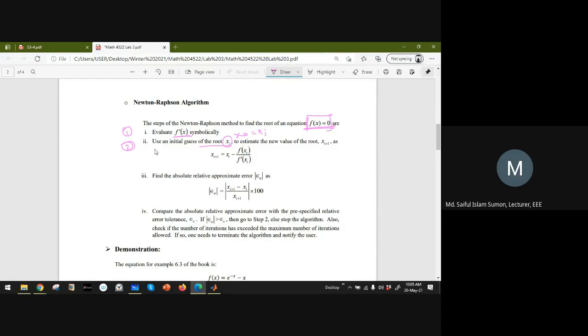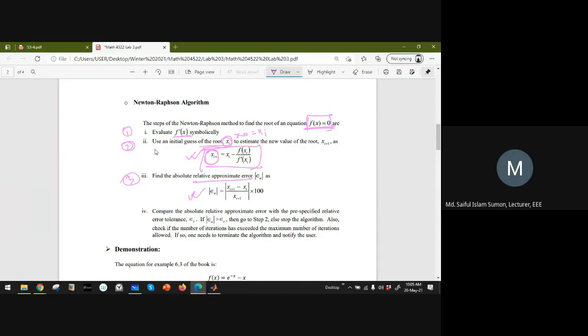I need to approximate one initial value. For the upcoming values, I need to use this equation to find them. After this, I need to find the error, because every time I find one new value of x, I have to see how much error is there, okay?